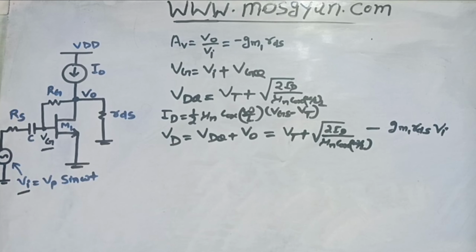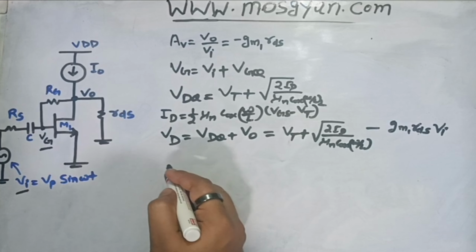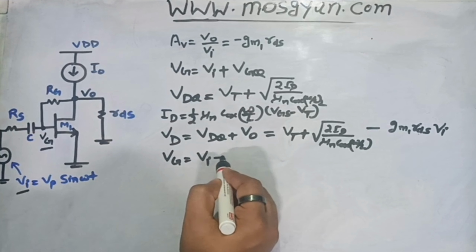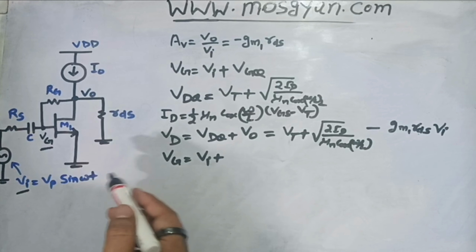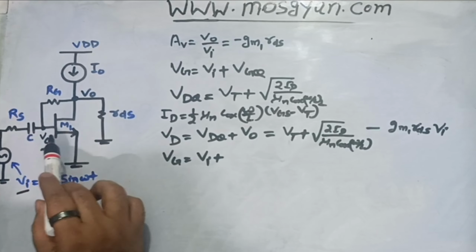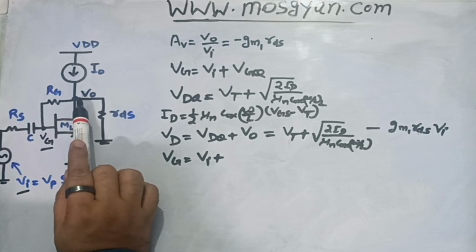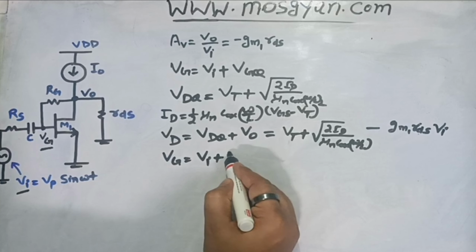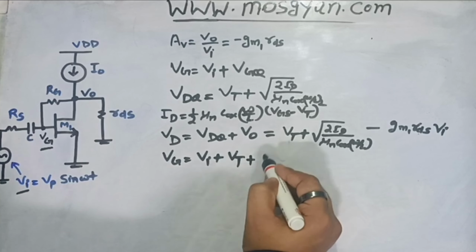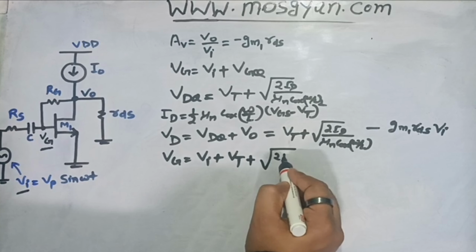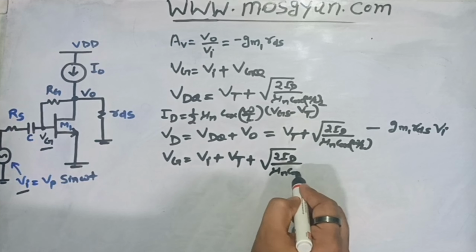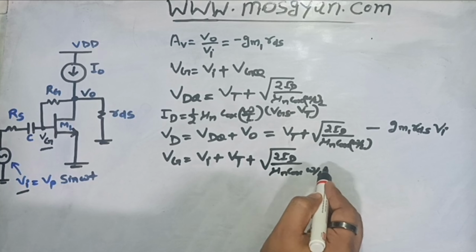This would be the value of drain potential. Now, the gate potential would be equal to Vi plus VGQ, that means the quiescent potential at gate, which is ultimately equal to the quiescent potential at drain. So this value we can put here, that is equal to Vt plus root of 2Id upon mu n Cox W by L.